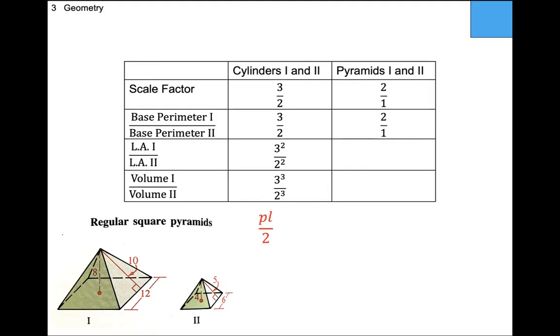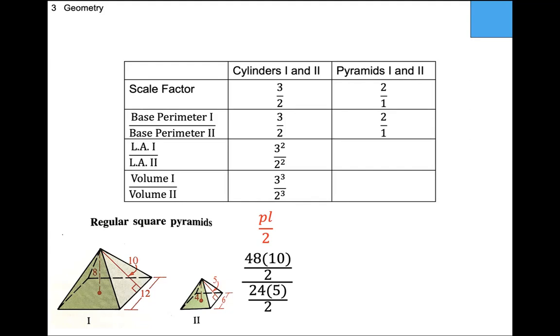So the lateral area, remember, from our book of truth, was PL over 2, P being the perimeter, L being the slant height. On the big pyramid, the perimeter is 48 again, and the slant height is 10. So we get 480 over 2. On the bottom one, the perimeter is 6 times 4, which is 24, and the slant height is 5, over 2, because remember, it's PL over 2.